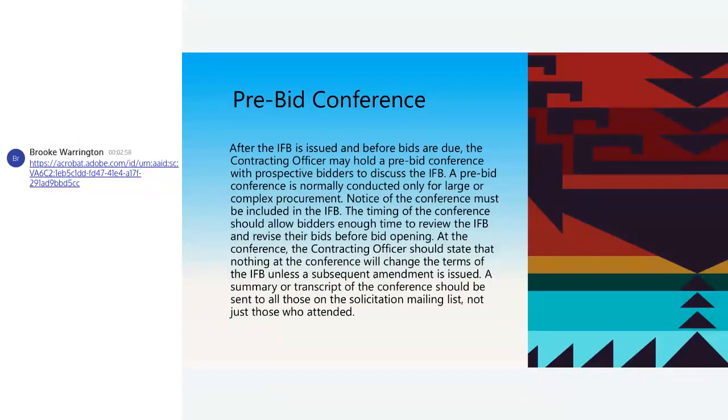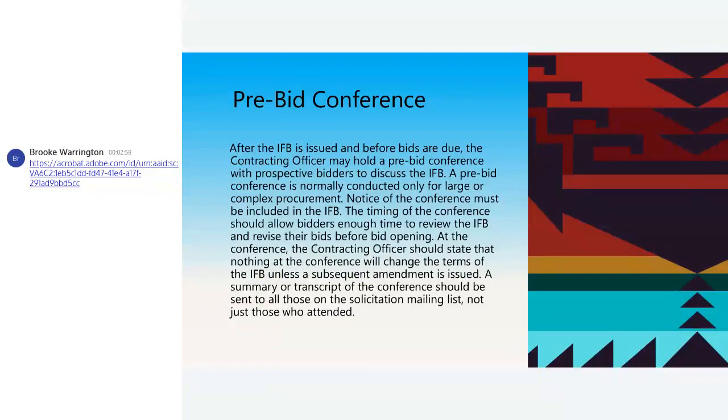A pre-bid conference. After your IFB is issued and before bids are due, the contracting officer may hold a pre-bid conference with prospective bidders to discuss your invitation for bid. A pre-bid conference is normally conducted only for large or complex procurements. Notice of the conference has to be included in your IFB.